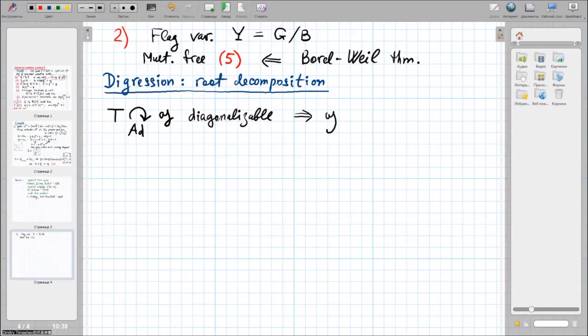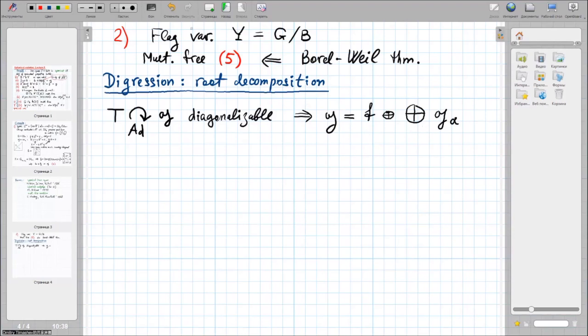So this representation is diagonalizable, and this means that the Lie algebra of G can be decomposed as the direct sum of eigenspaces for this T action. The eigenspace of weight 0 is just the Lie algebra of T. And the eigenspaces of non-zero weights, let me denote them by G sub alpha, where alpha is the eigenweight.